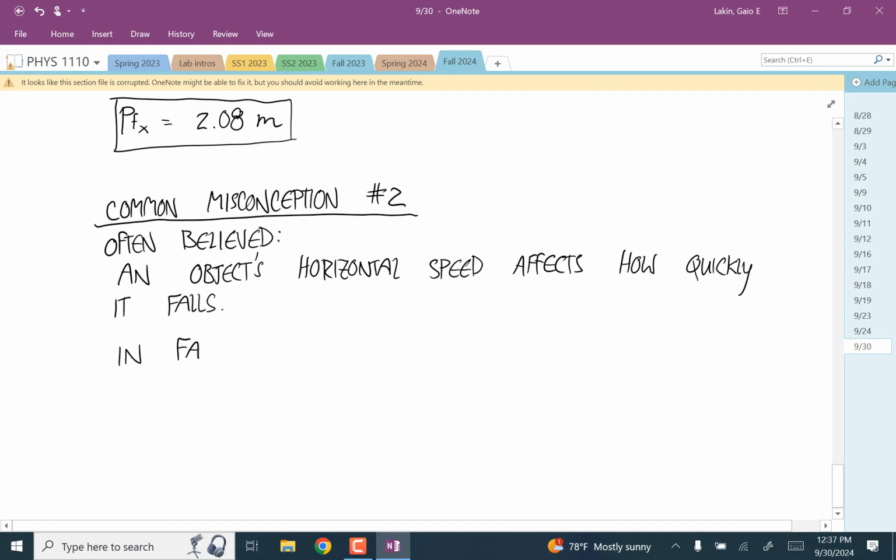In fact, objects fall the same whether they have horizontal motion or not.